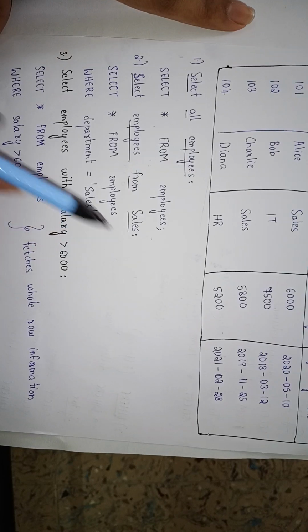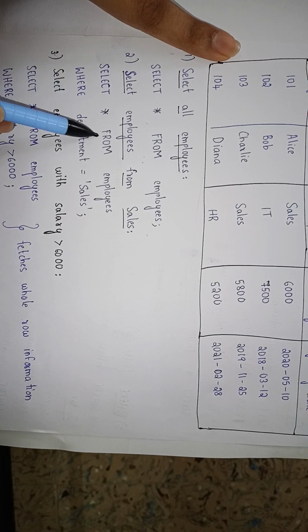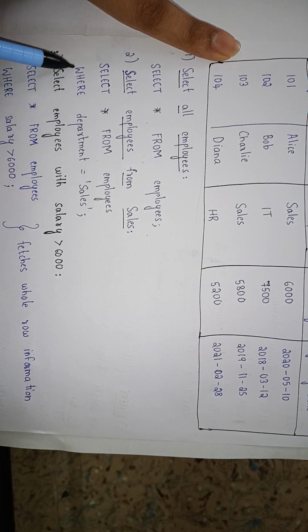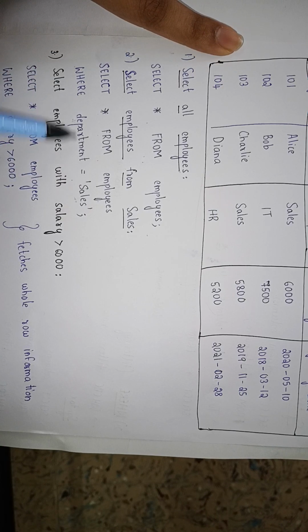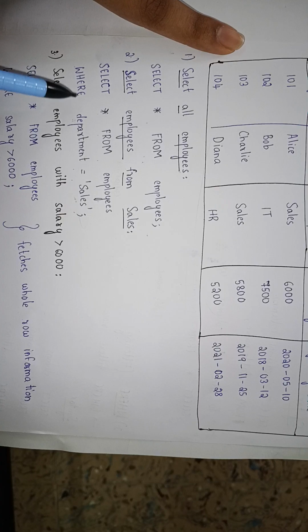The query for that is select asterisk from employees where department equal to sales. So basically you are selecting all the employees but giving a filtering condition that the department should be sales. For any filtering conditions, we use the where clause.